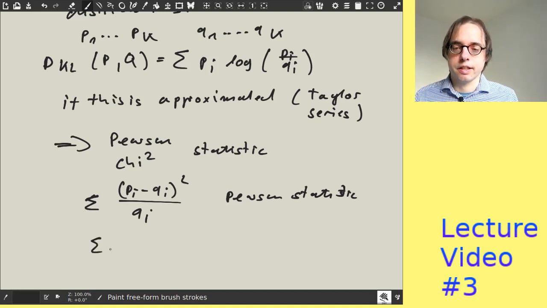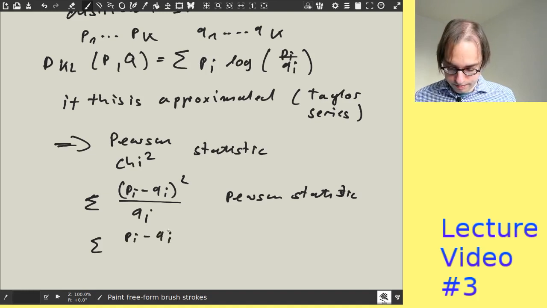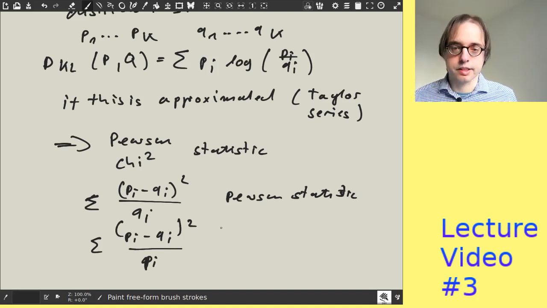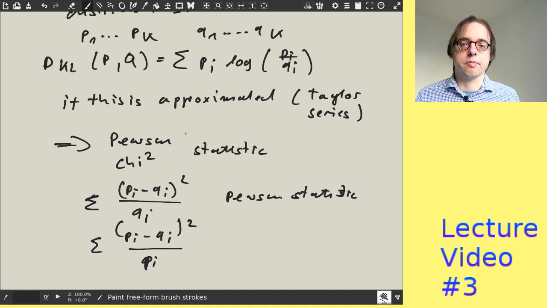And then if we compute the same thing but divide by pi, then we have related statistics, and both of these statistics, so you can either divide by q or by pi, both of them are approximations to the Kullback-Leibler divergence between two discrete distributions.